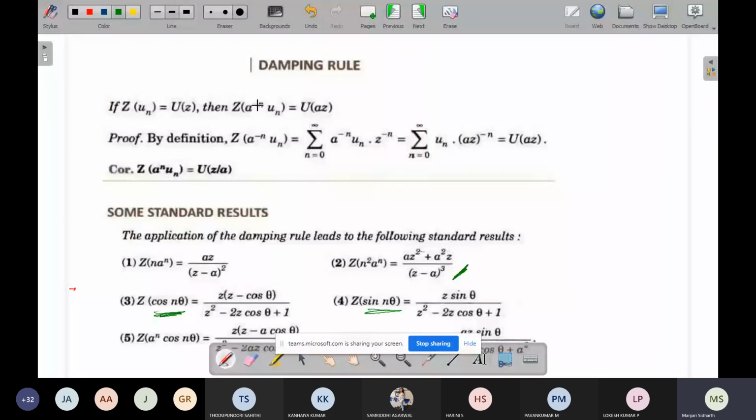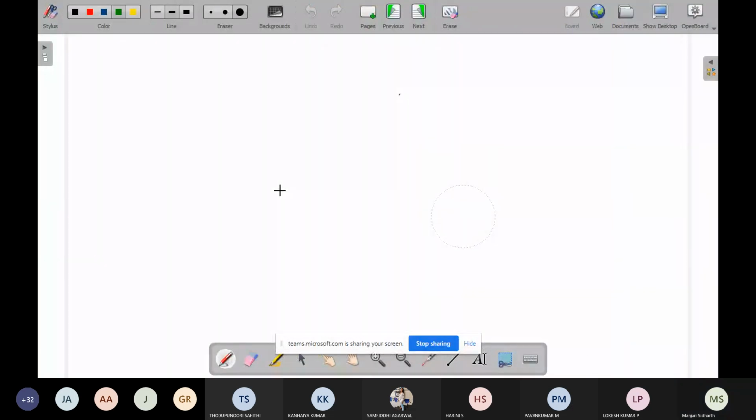If u(n) is multiplied by negative power of a, then it becomes az. If positive power of a, then z by a. Okay, so that we are going to use. We'll take z, e power minus i theta.